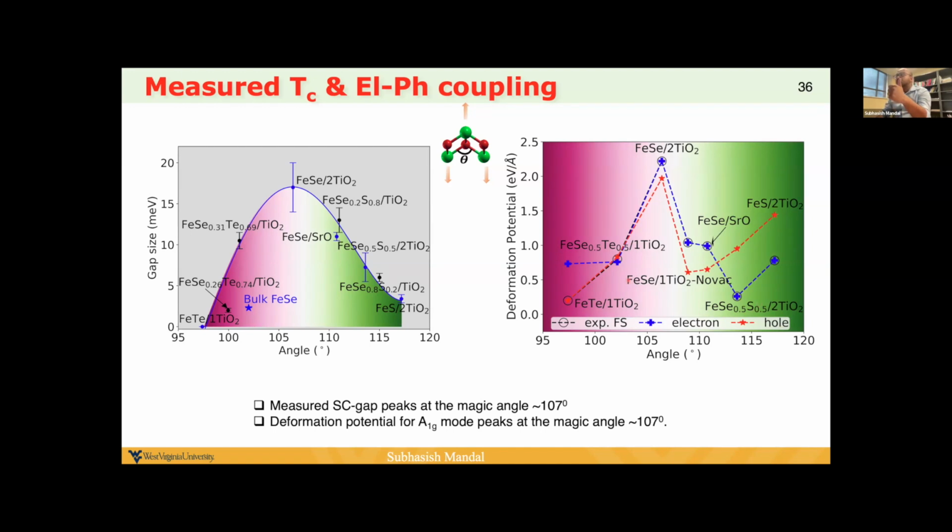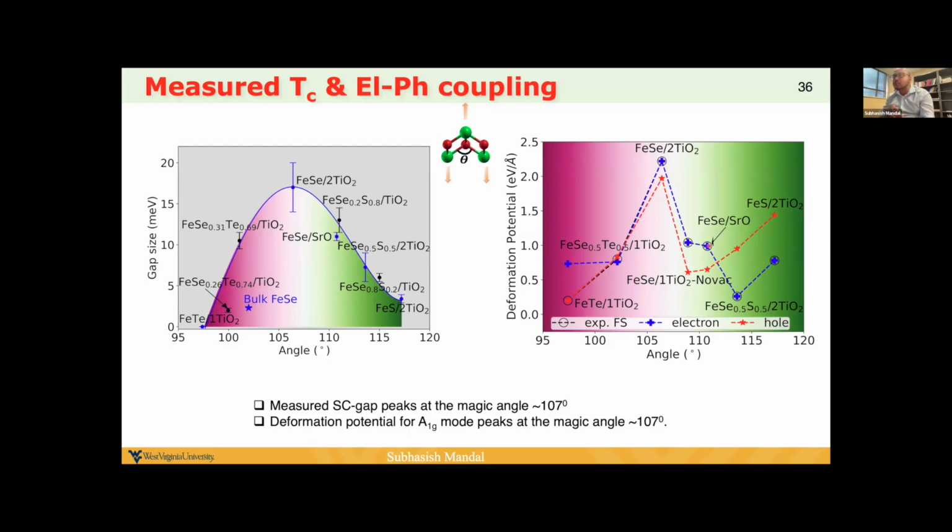Now we also know how the Fermi surface is evolving in the experiment. For example, in FeTe, there is only hole pocket, so I can mark this as our experimental Fermi surface. And then for the FeSe, this is the electron pocket, so I can mark that to be our experimental Fermi surface.